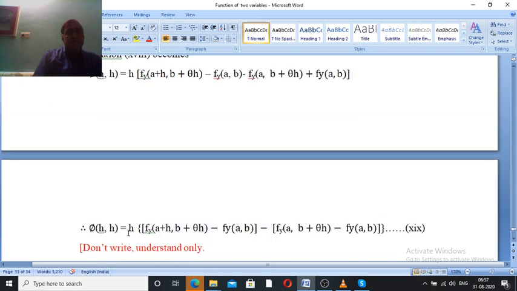Phi of h is common. This difference in the curly bracket, again in a square bracket, this expression minus, take the negative sign outside the bracket. Therefore, we get fy of (a, b plus theta h) minus fy of (a, b). Suppose this is equation 19.